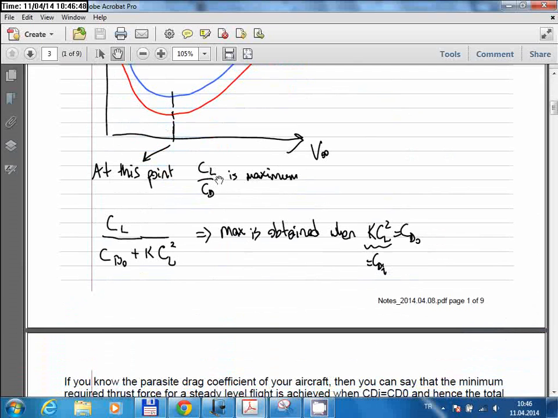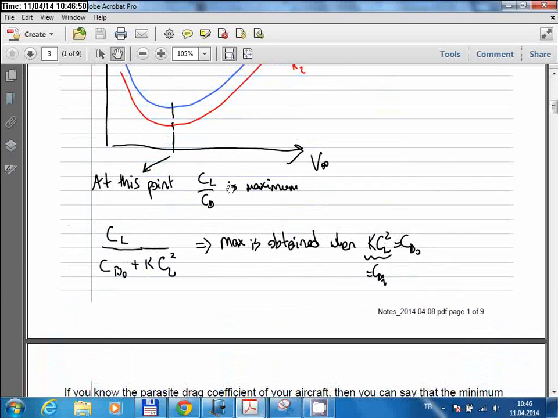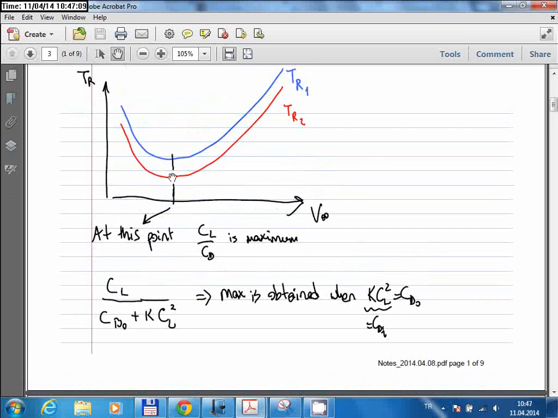Which is, I think, reasonable to expect, right? Because lift force is something useful. We want lift force to be as large as possible, and drag force is bad. We don't want any drag force at all. And normally, intuitively, we expect that this ratio must be large. And here on this graph, we see that, in fact, the minimum thrust point corresponds to the case where this ratio is maximum.